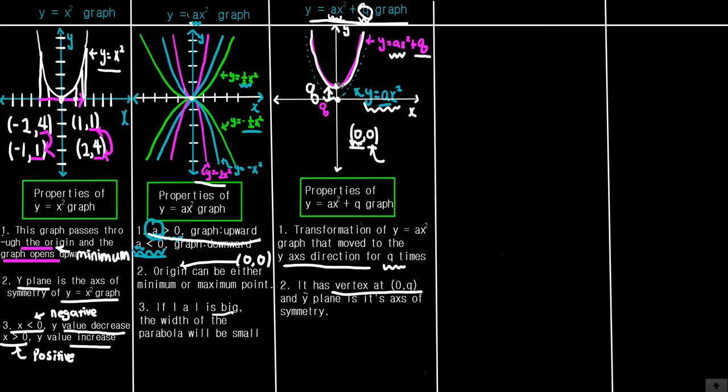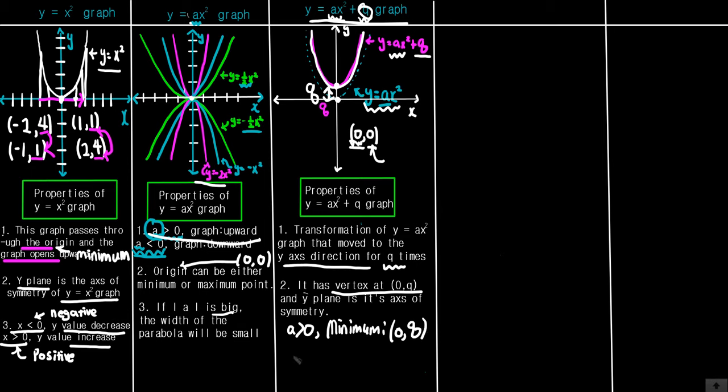The x value is still 0 because the point is on the y-axis, and the y value will be q. So when a is greater than 0, the minimum point will be (0, q).